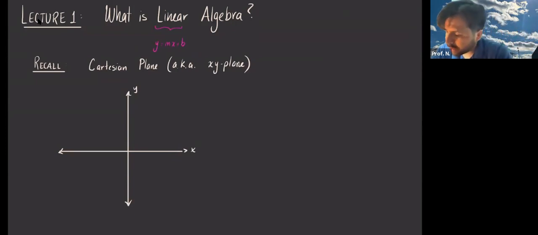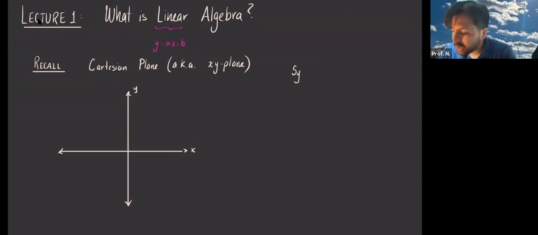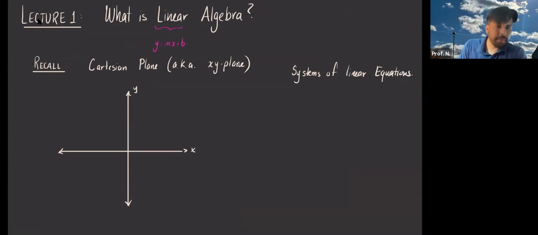In particular, the kinds we've talked about are systems of linear equations. Again, the word linear implies y equals mx plus b. We have lines, just random lines, 2 lines, right?